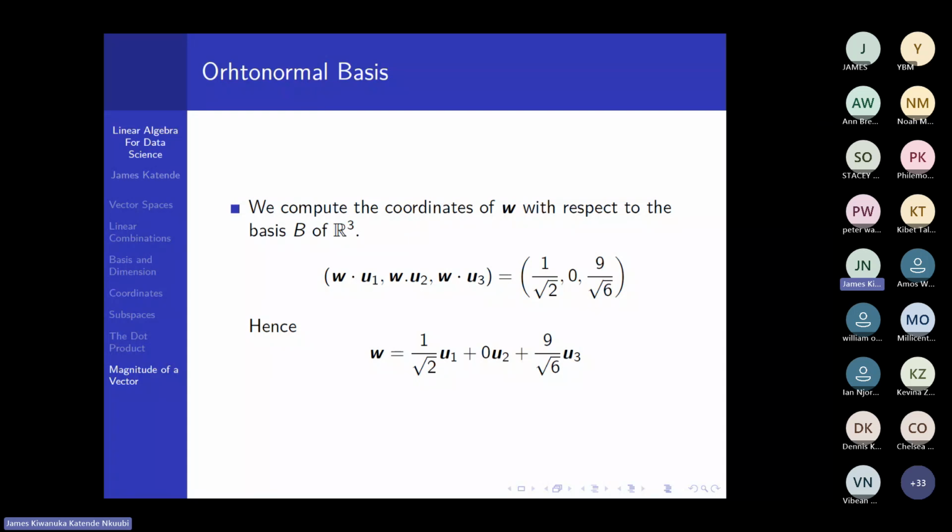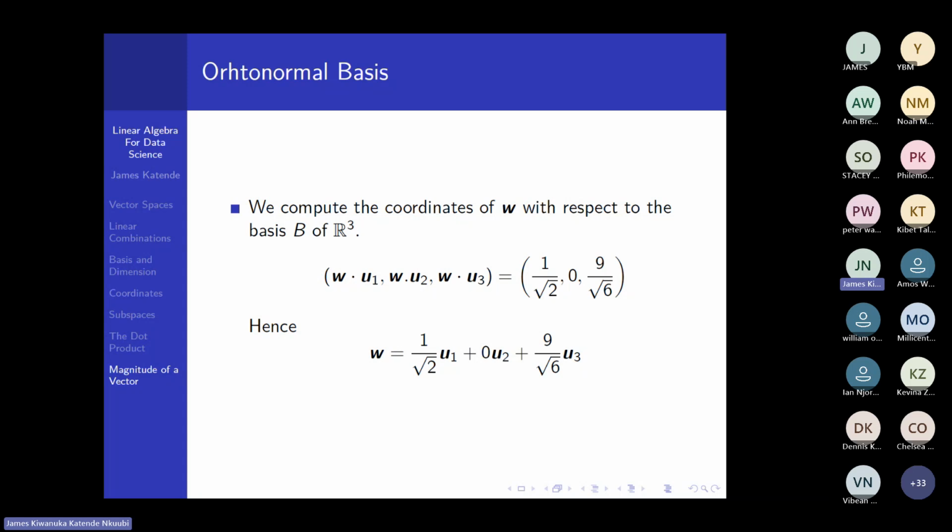So the coordinates are as follows. The dot product of W and U1 is 1 over root 2. You can confirm that. The dot product of W and U2 is 0. And the dot product of W and U3 is 9 over root 6. So these now become the coordinates of the vector W with respect to the basis B that we had set up.